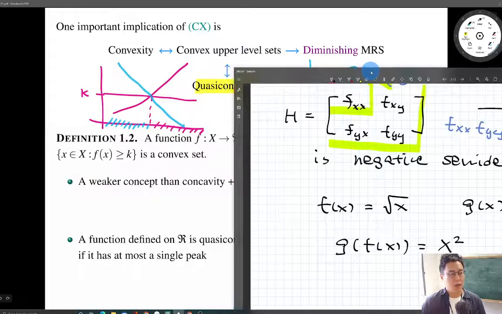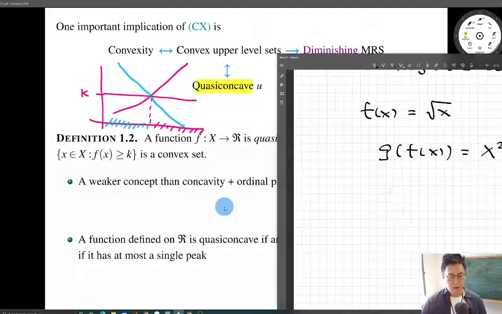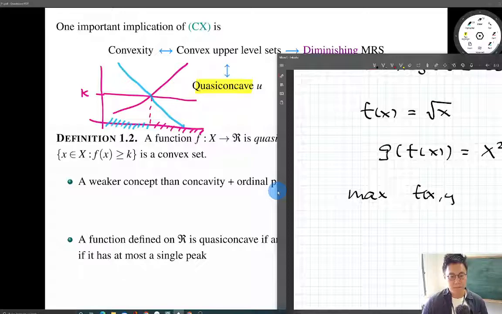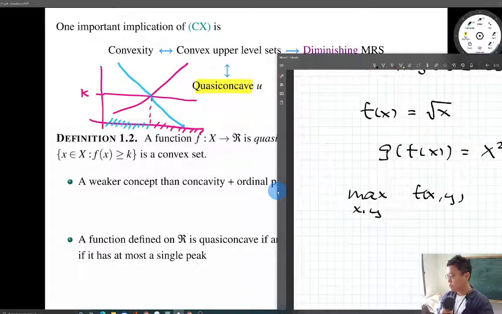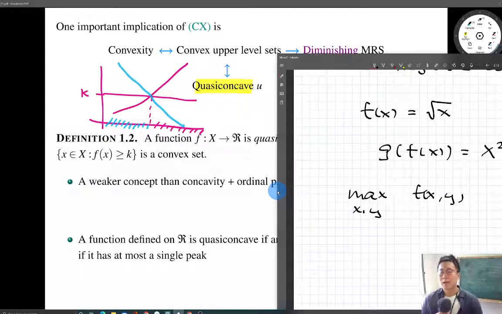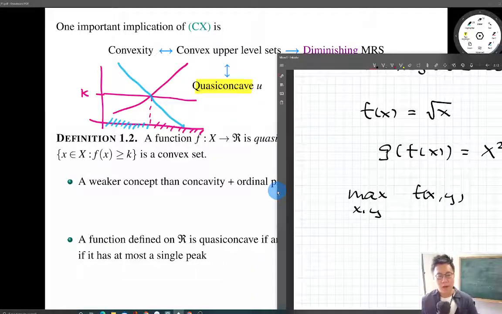All right, and one more implication of quasi-concavity is, if the function is quasi-concave, and we want to solve this optimization problem over x and y, then the solution to this optimization problem has a nice property. I'm going to explain that in the next video when I explain the utility maximization problem.